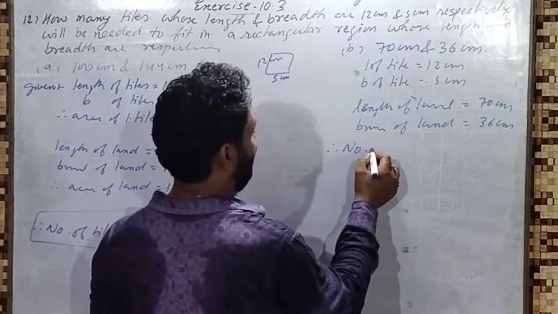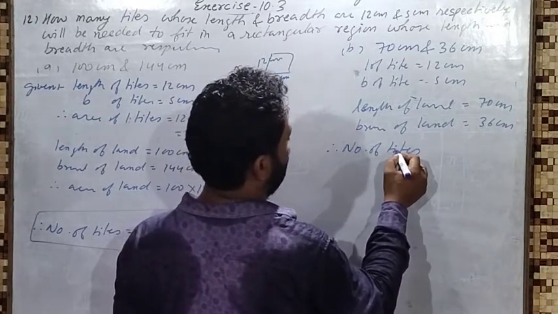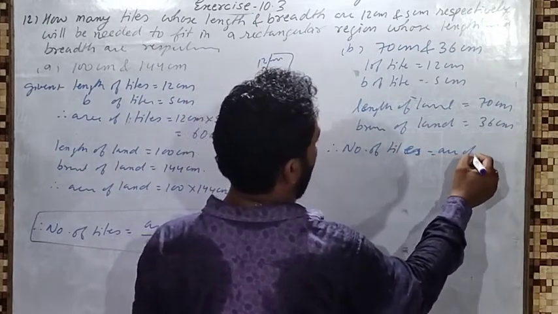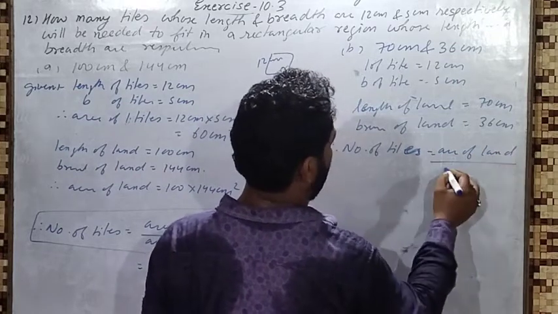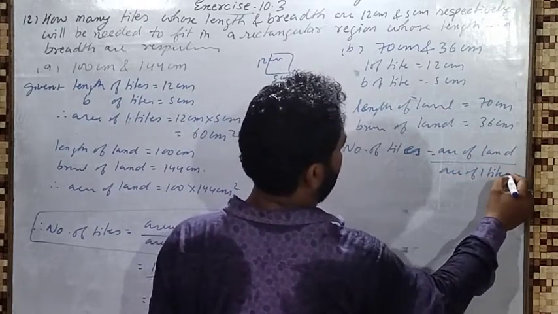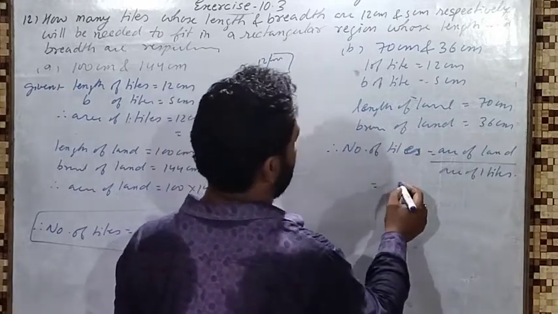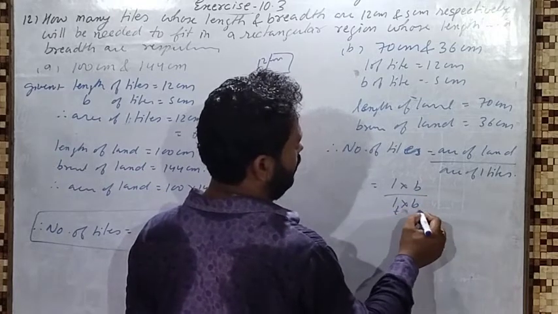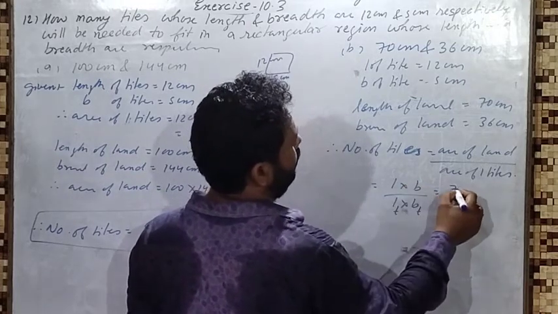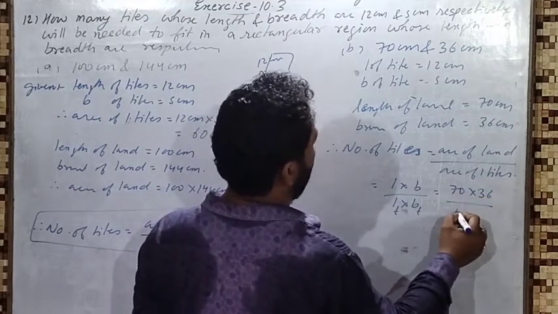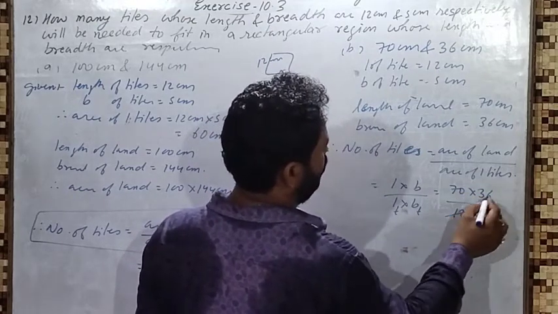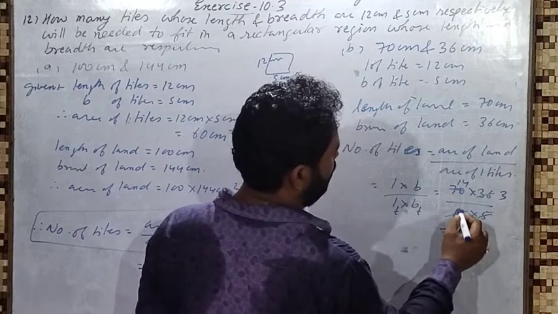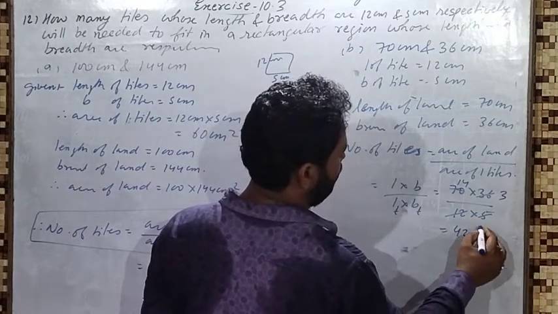Therefore, number of tiles is equal to area of land by area of one tile. We can write it like this. Area of land is L into B by L into B of tiles. Length of land is 70 into 36 by 12 into 5. 12 5s, 12 3s are 36, 5 14s, 14 3s are 42 tiles.